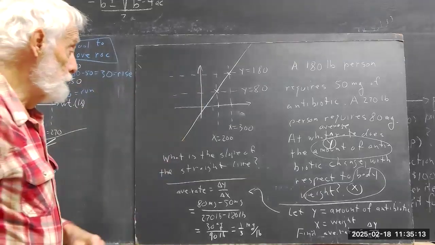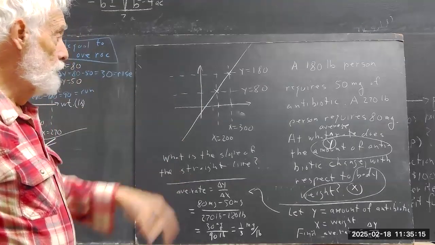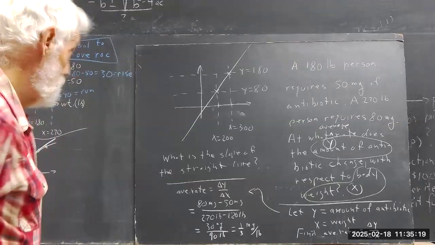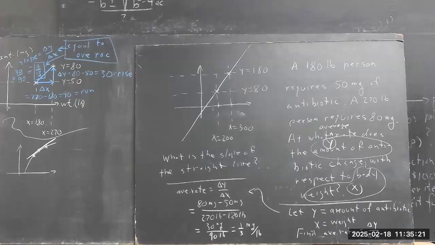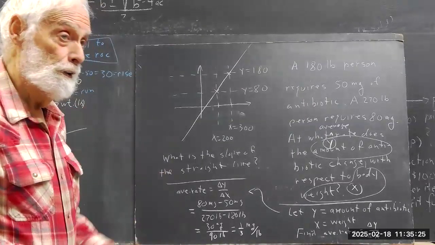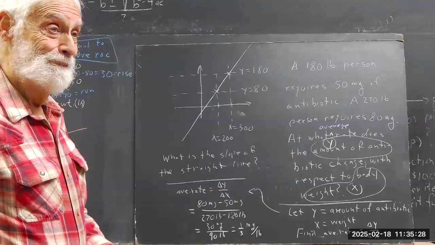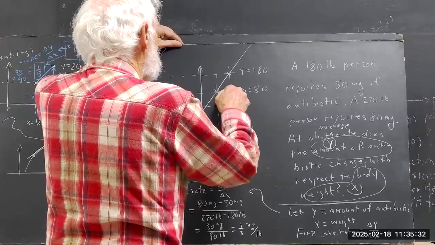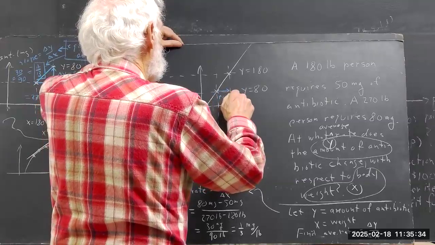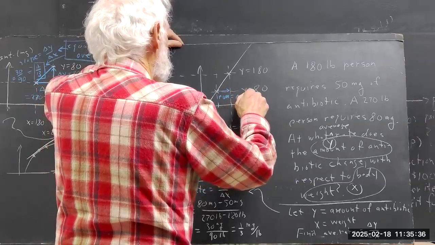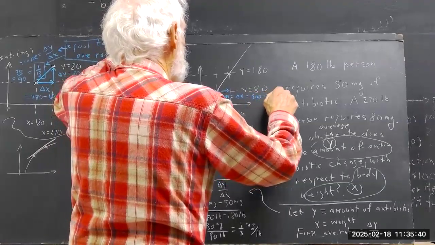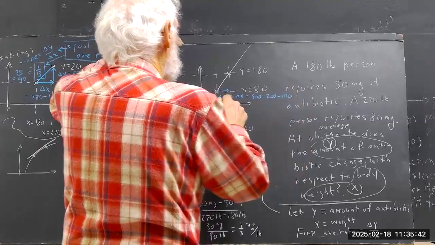Okay, well, we go to this one. Say, what's the slope of the straight line? Okay. So we say, okay, here's the run. That's delta x, that equals 300 minus 200 equals 100.